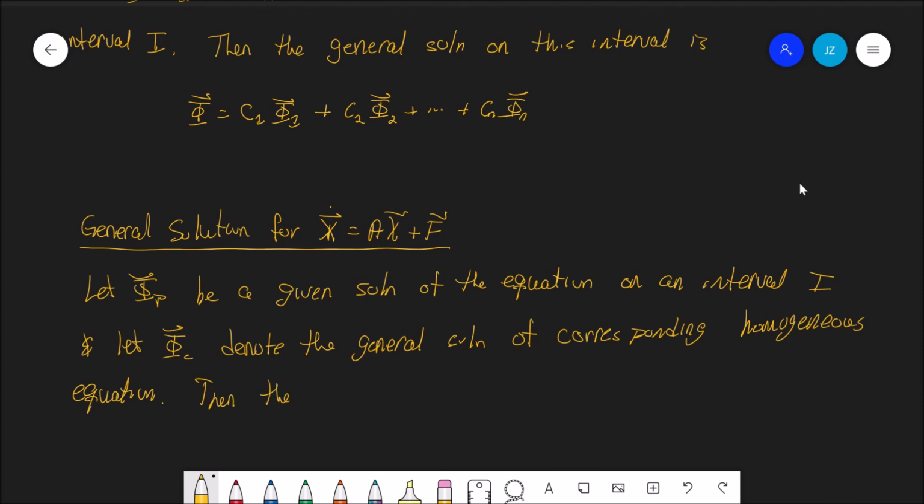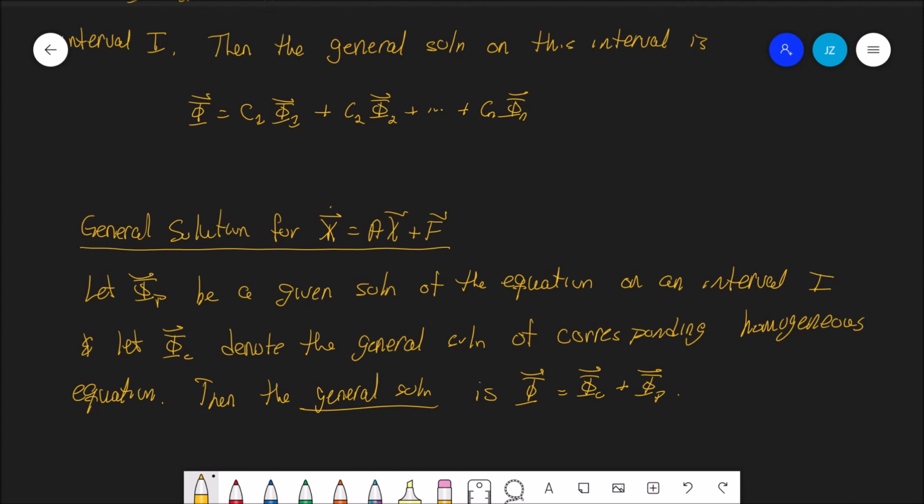Then the general solution is their sum. As before, phi c is called the complementary function, and phi p is the particular solution.